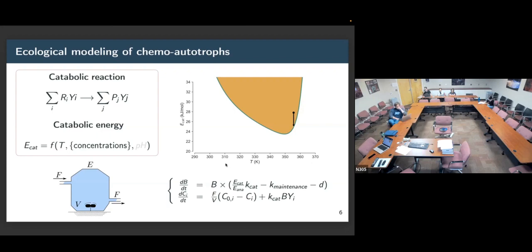And what we can predict, and this is an inherent property of those models, is that the steady states of the system will be on this green line that is the limit of the viability area. So by definition, an environment that is populated by a population will look like it is in scarcity of resource, because the resource is consumed by the population.